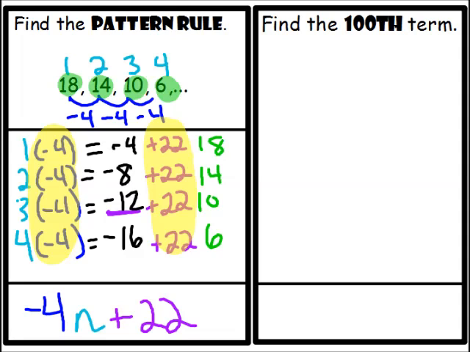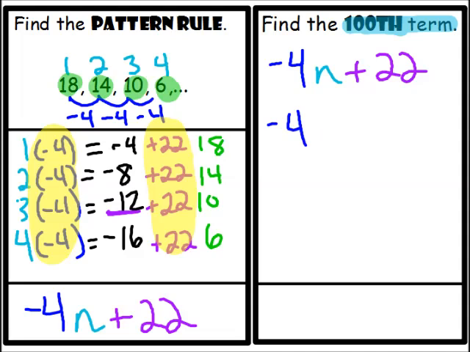Now we'll take our pattern rule and determine what would be the 100th term. So to find the 100th number in the sequence, we'll substitute 100 for n. So we have negative 4 times 100 plus 22.